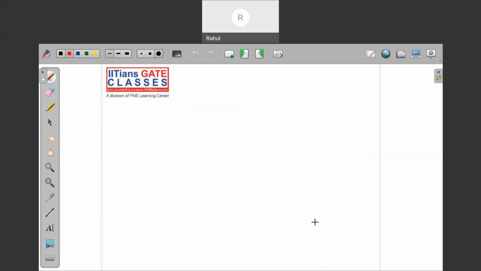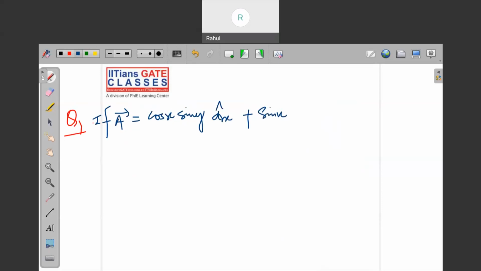Let's take one question and realize the curl. Suppose a vector A is given as cos x sin y ax cap plus sin x cos y ay cap.